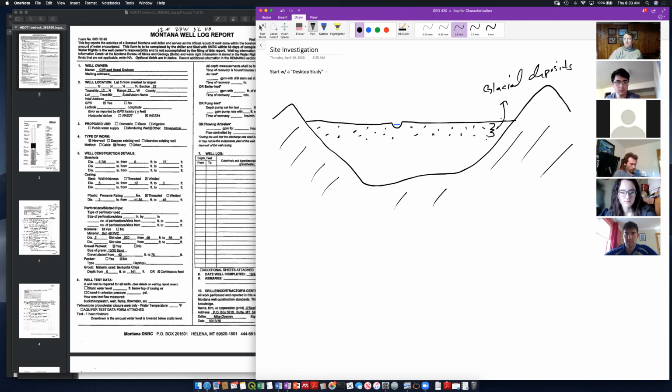And we know that some of them are lacustrine, so they're part of Glacial Lake Missoula. And some are fluvial or river deposits. And some are flood deposits from Glacial Lake Missoula flooding.